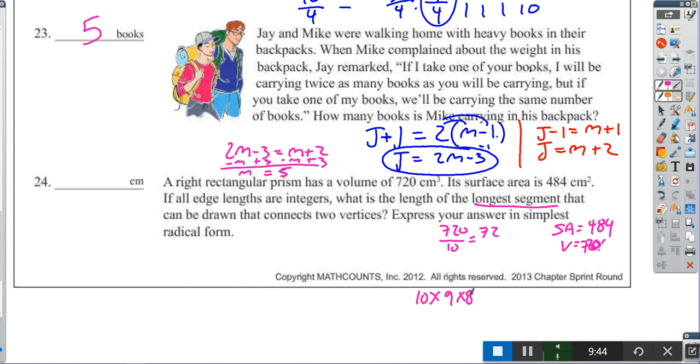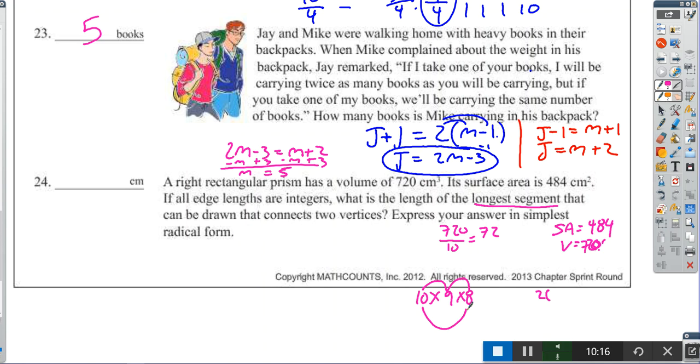Now, I don't know if that's right. I can't just launch in. I need to now figure out if this is the right thing. So I know that for the surface area, I'll have 2 times each of these side lengths multiplied together, right? Because each face will have an opposite face with the same area. So I multiply these together, I multiply these together, I multiply these together.